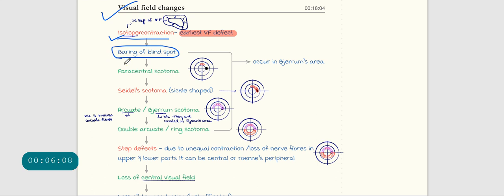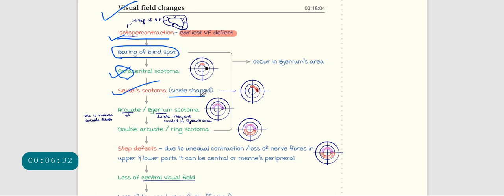It could be due to a paracentral scotoma, as you can see over here. Para means around the center, so the scotoma will be around this center. It could be Seidel scotoma, also called sickle shaped. Okay, so you can see a sickle shaped scotoma over here, and it is also paracentral.